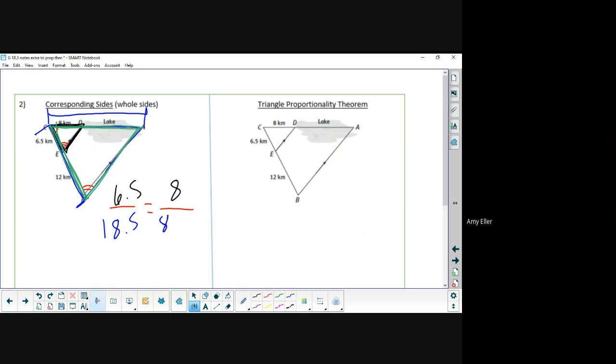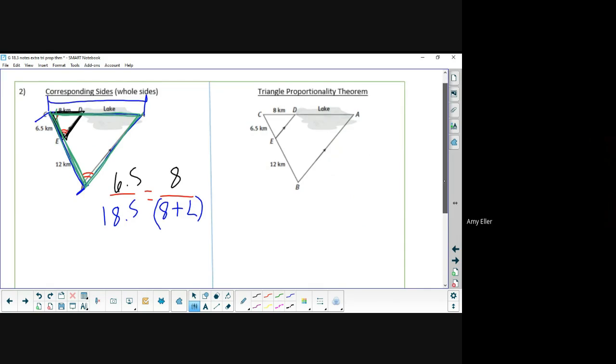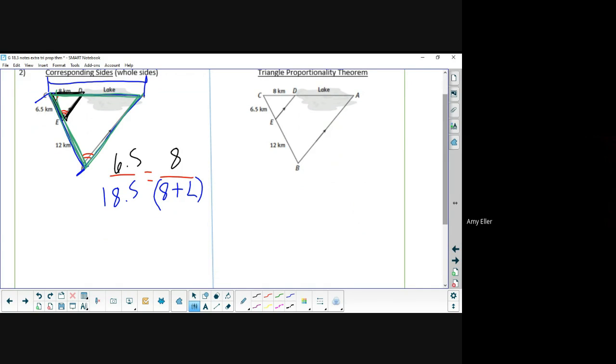So that's 8 plus, I'll go with L for lake. Let's put this in parentheses, so when we cross multiply, we remember to do that. Go ahead, I see you're already starting to cross multiply.